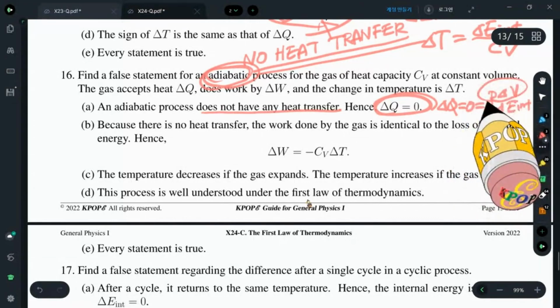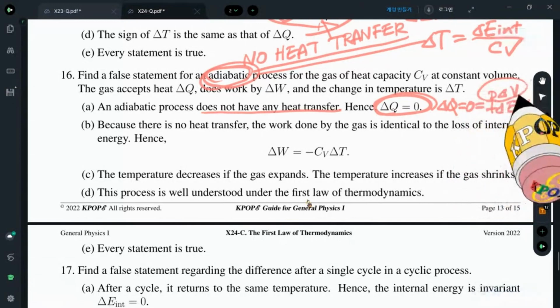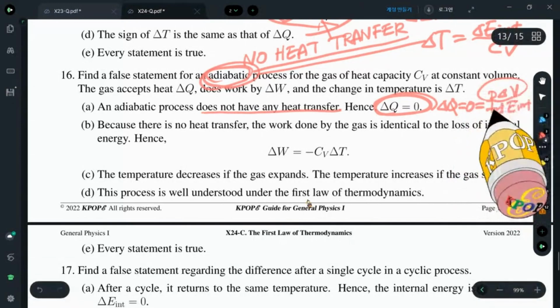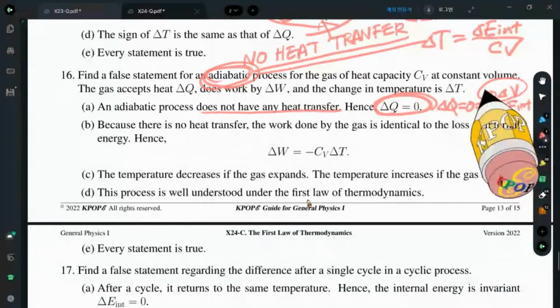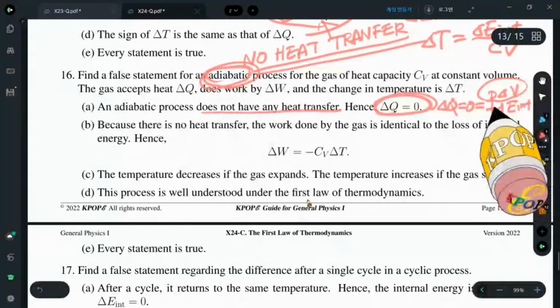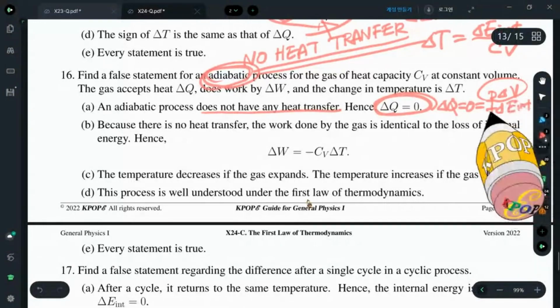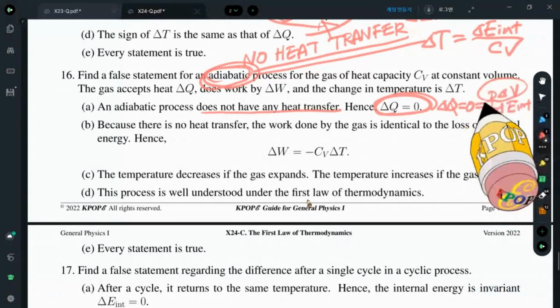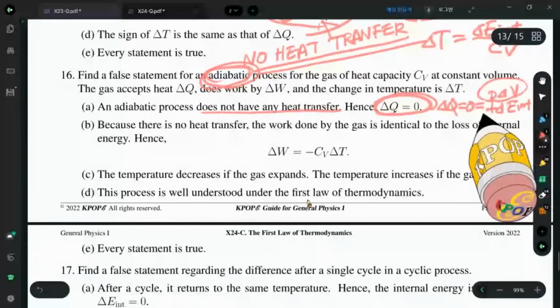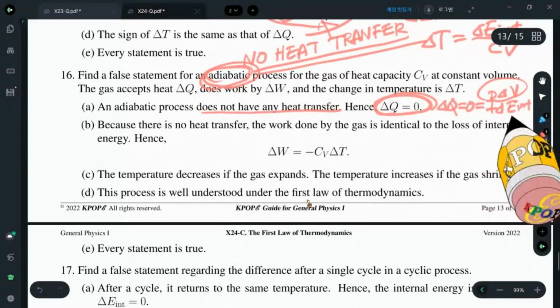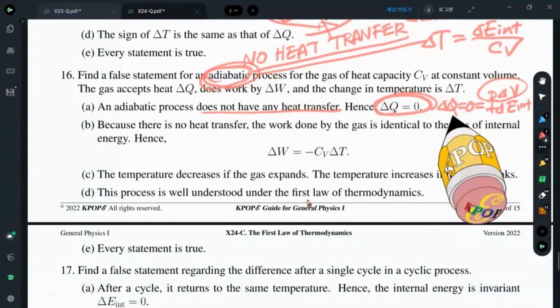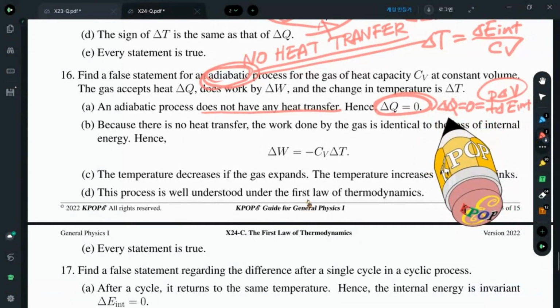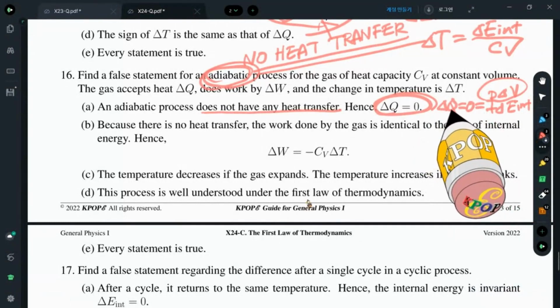Aha! If the gas does work, then the internal energy decreases. If delta V is positive, if it expands, the energy is lost, so temperature decreases. If it shrinks, if delta V is negative, then internal energy increases because there is no heat transfer from and to the heat reservoir.